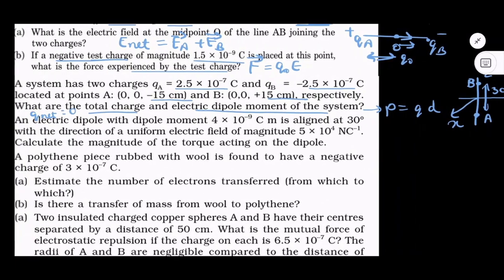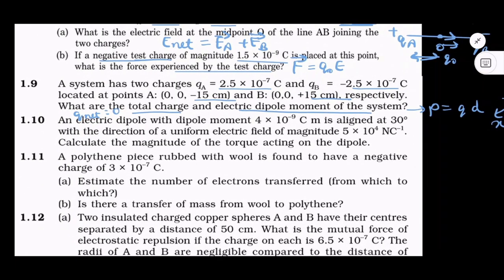Now let's see the next question, which says that an electric dipole with the dipole moment of this value is aligned at an angle 30 degree with the direction of a uniform electric field of magnitude 5 into 10 raised to power 4 Newton per coulomb. Now we have to calculate the magnitude of torque acting on the dipole.